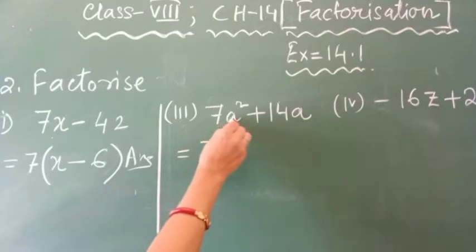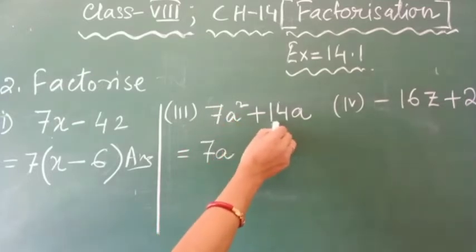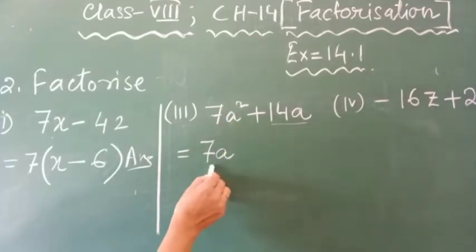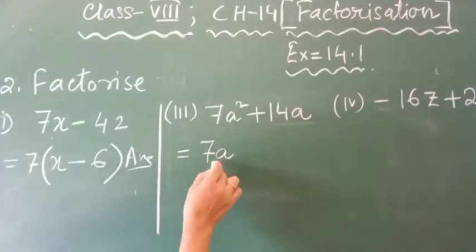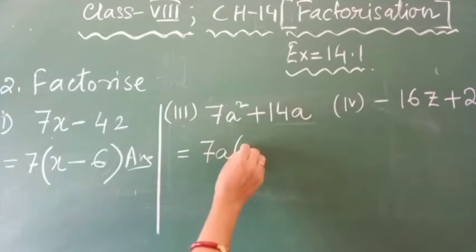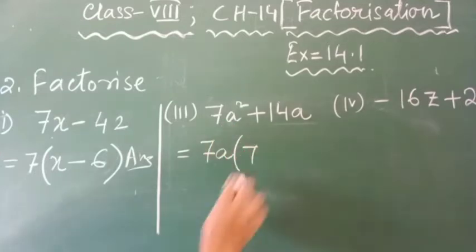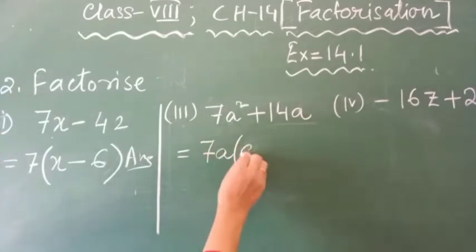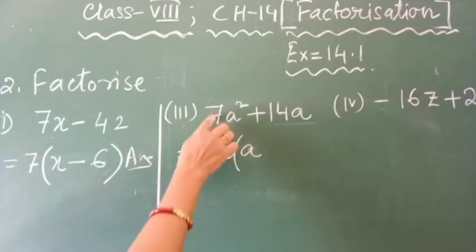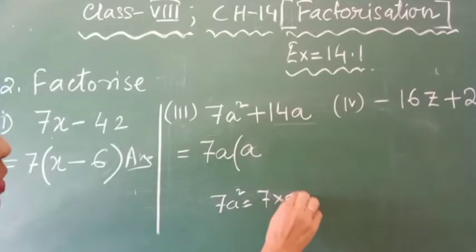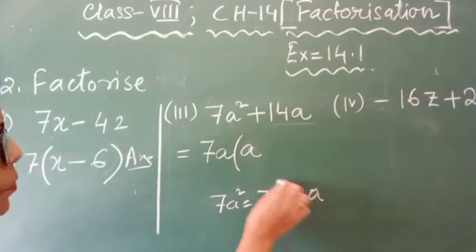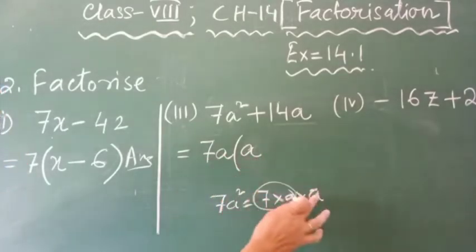7a, if I take 7a, then this term also can share 7a. So 7a I have taken from both the terms, and here it is 7 I have taken, a also I have taken, only a, single a is left. 7a square means 7 into a into a. I have taken this 7a outside, so only one a is left.